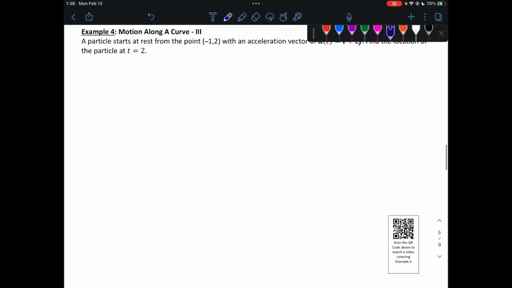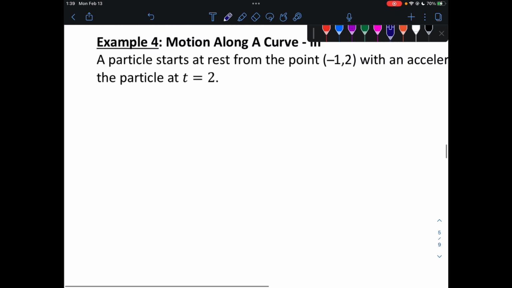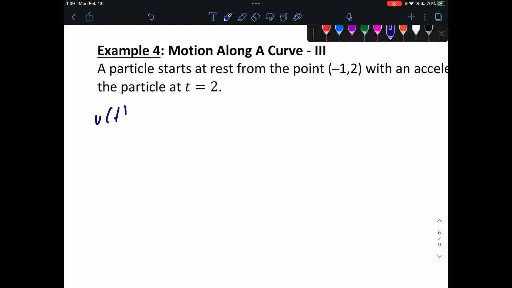Okay, example 4, motion along a curve again. A particle starts at rest from the point negative 1, 2 with acceleration vector a of t. Find the location of the particle at t equals 2. All right, so velocity is going to be the antiderivative, obviously, of our acceleration vector.